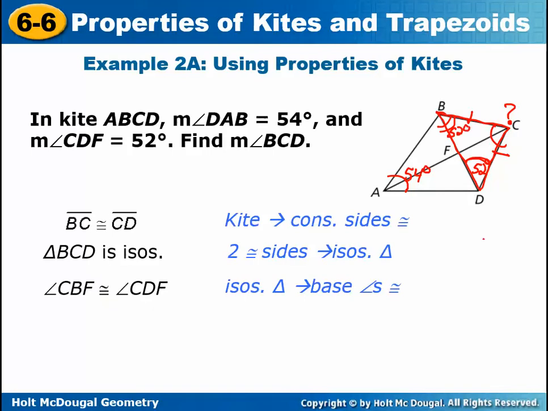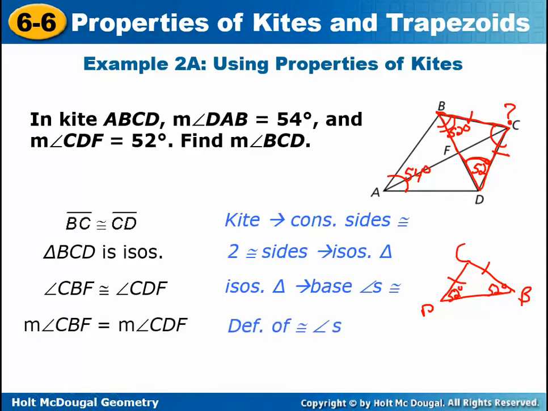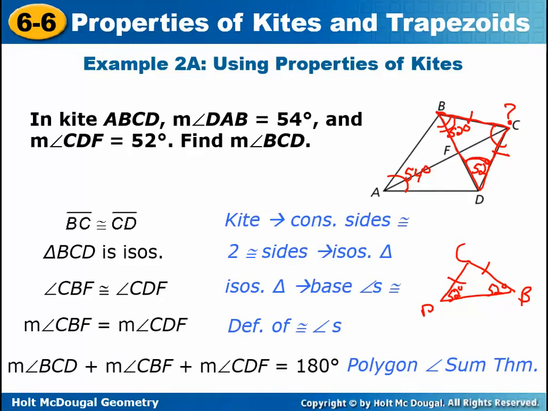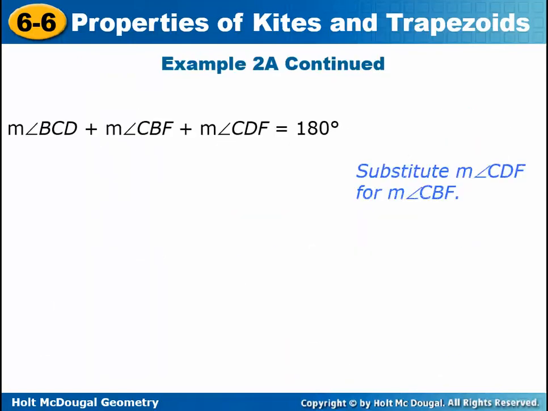Okay, so now we have triangle DBC, and we know that these two angles are both 52 degrees. We can find the third angle because we know that there's 180 degrees in a triangle. So this angle right here is going to be 180 minus 52 minus 52.